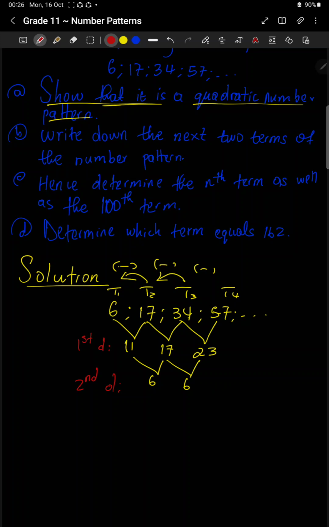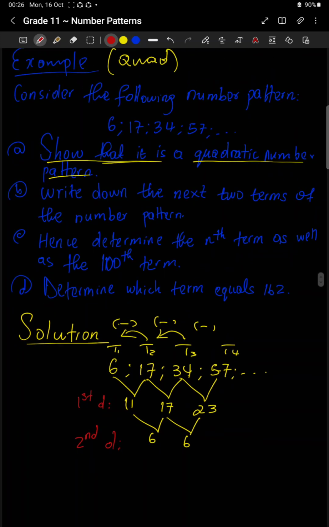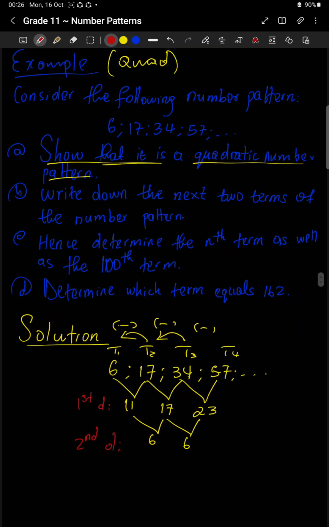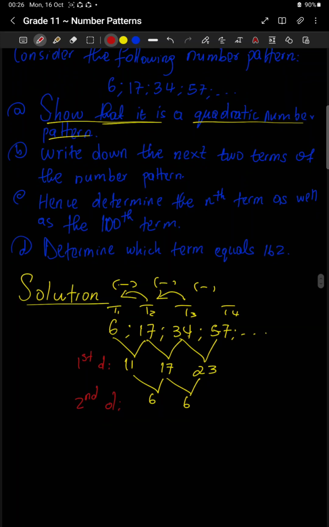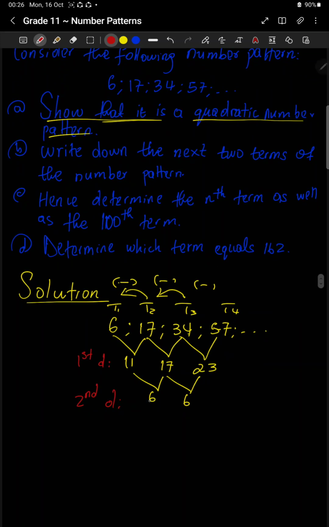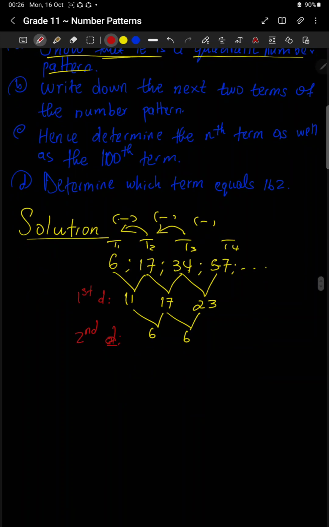All right, so this is how we show that this sequence that is given to us is a quadratic. Why? We have the second difference, and it is constant. So we can also conclude here by saying therefore it is a quadratic.